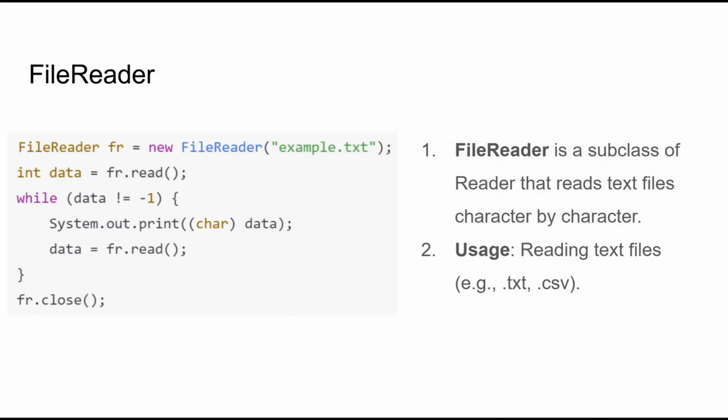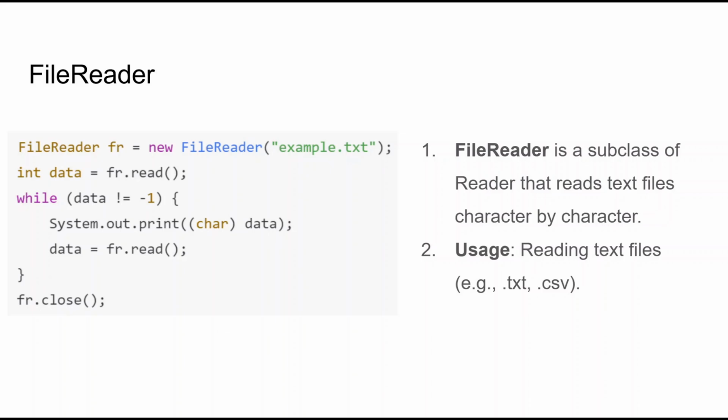Till then I need all the data. So System.out.println, I'm printing the data, and after that I'm taking the next bit of data, and after that I'm closing the resources. So FileReader is a subclass of Reader that reads text files character by character. Usually this will be used for human-readable files, like .txt or .csv, .xls, anything.